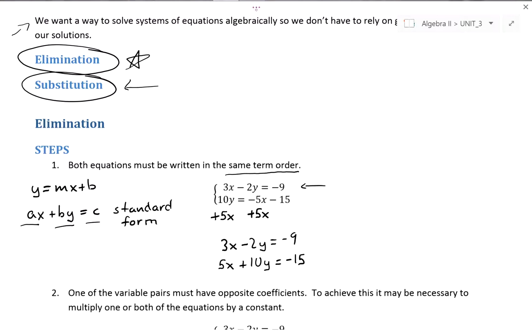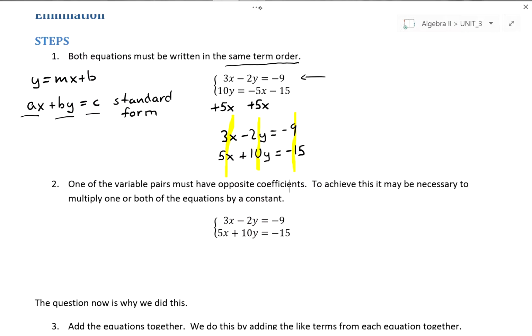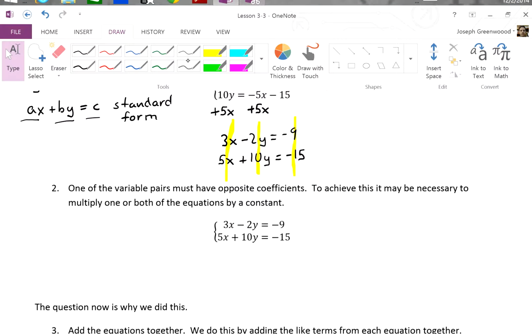Both equations are now in the same term order. In other words, I have my x's listed first, my y's listed second, and my constants listed third after the equal sign.